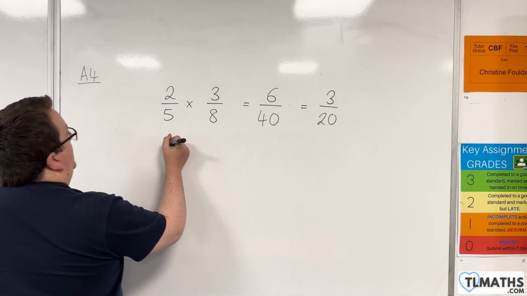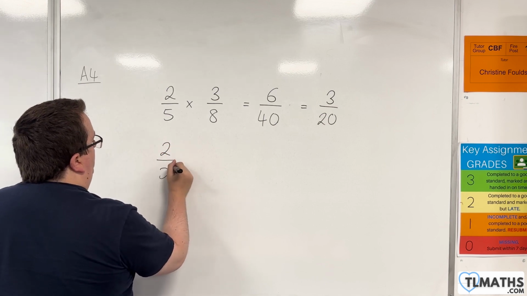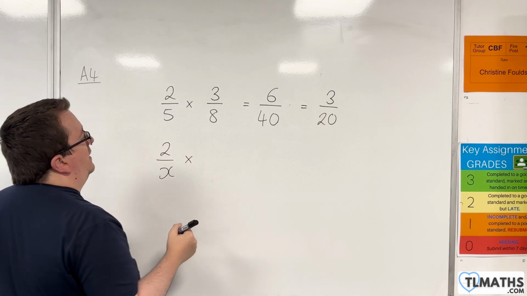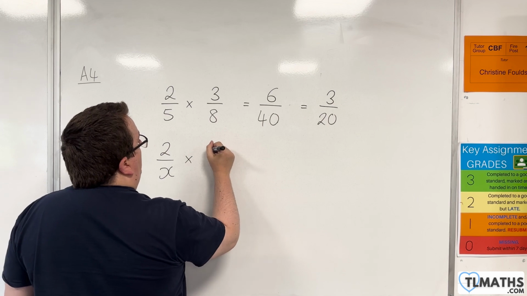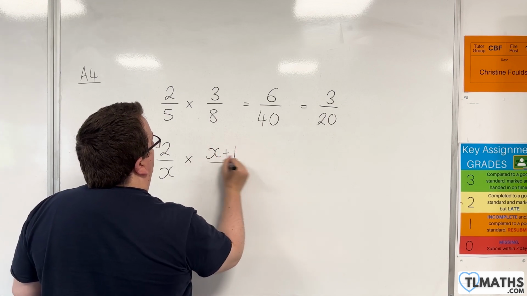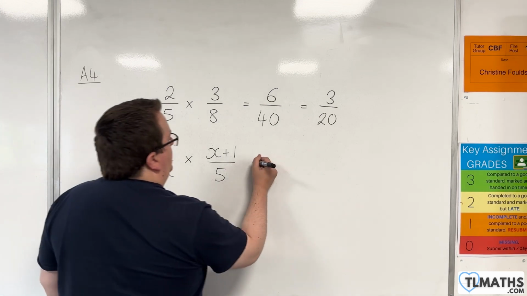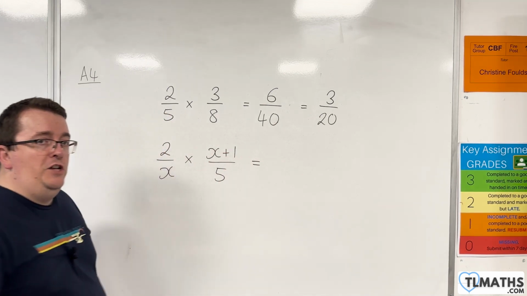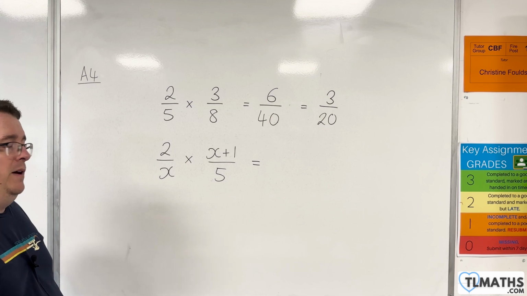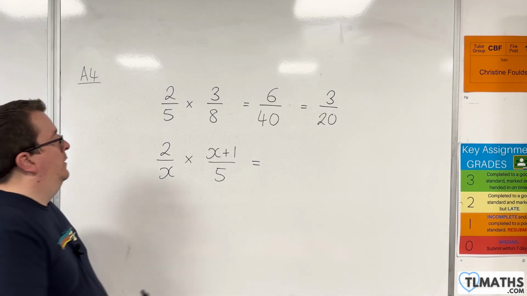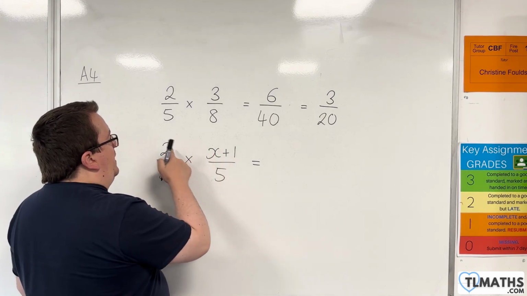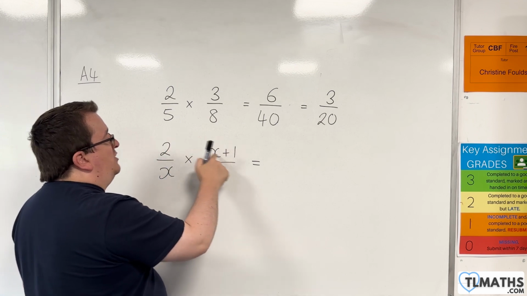So if I instead had 2/x, and I needed to multiply that by, let's say, (x plus 1)/5, then what I need to do is multiply the numerators together and multiply the denominators together. So multiplying the numerators together, I need to multiply 2 by x plus 1.